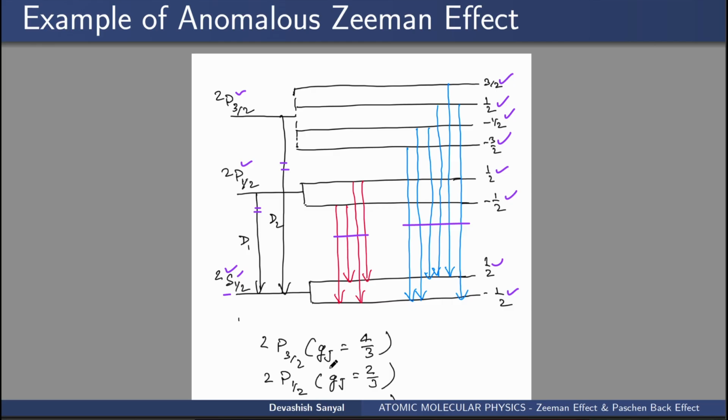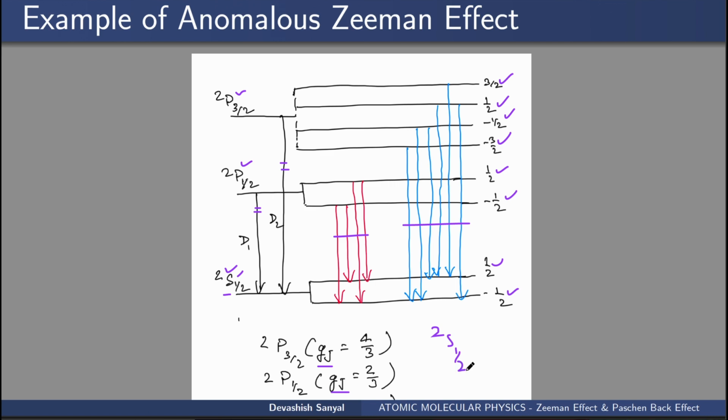When you are calculating the shift in energy levels, you need to calculate these. For 2p 3/2, you can find g_j, which is 4/3. You can also calculate the Landé factor for 2p 1/2 and for 2s 1/2. I have not done that here, but you can calculate it.